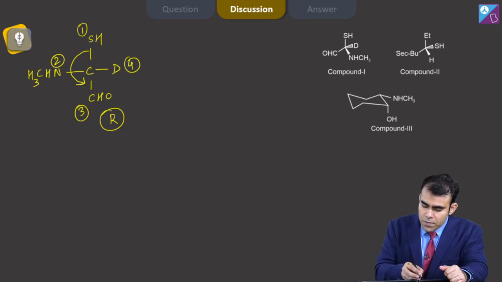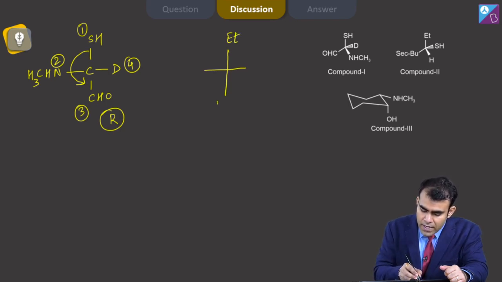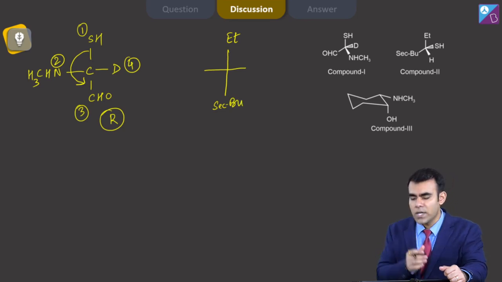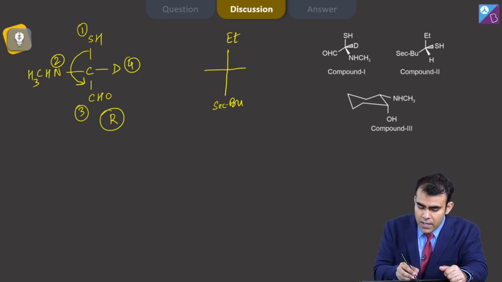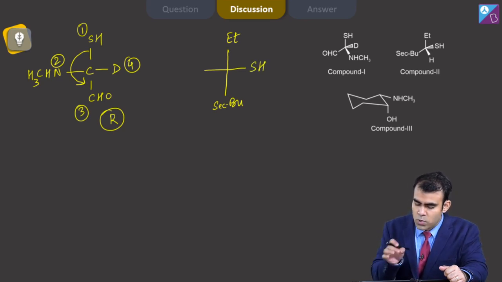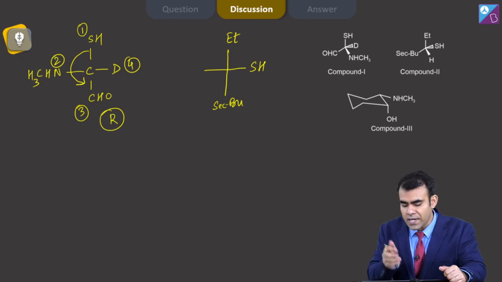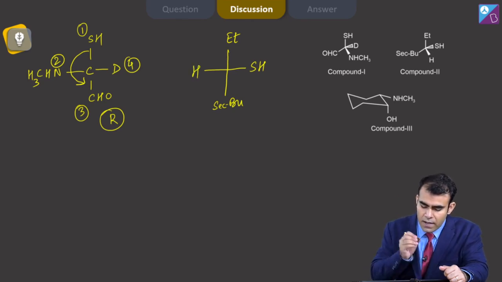Then compound 2, if I draw its Fischer projection, then ethyl and secondary butyl are on the vertical line, and you can see dash will be sulfur and H, so it will be shown on the right side, whereas this H is on the left hand side.